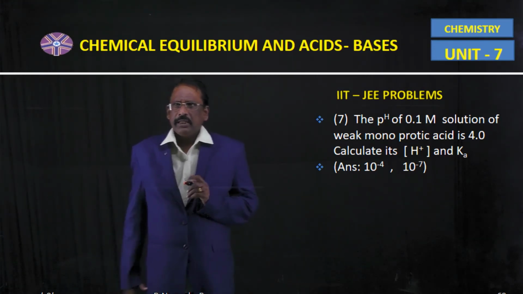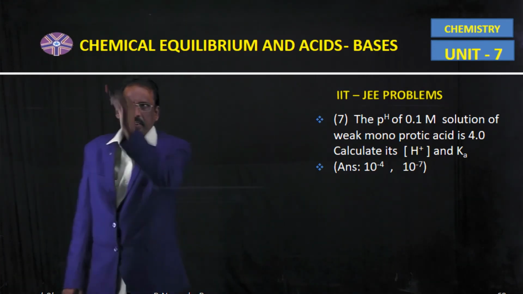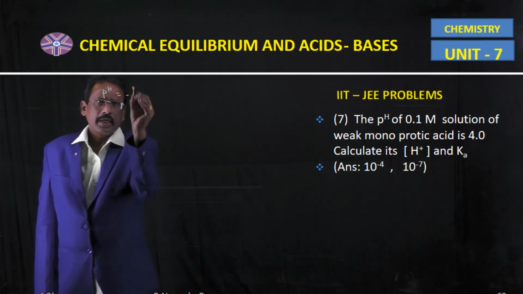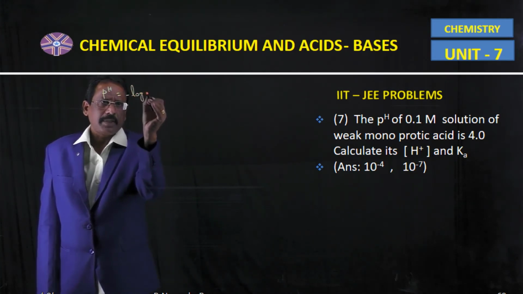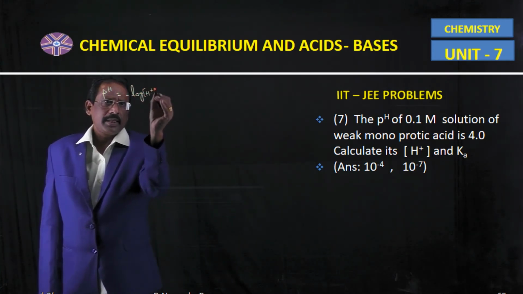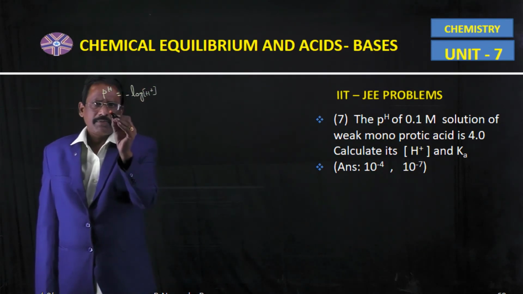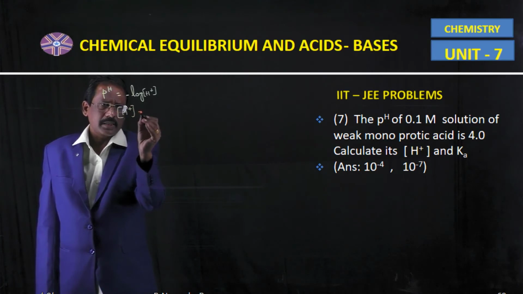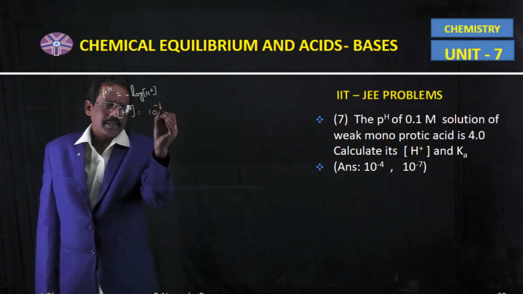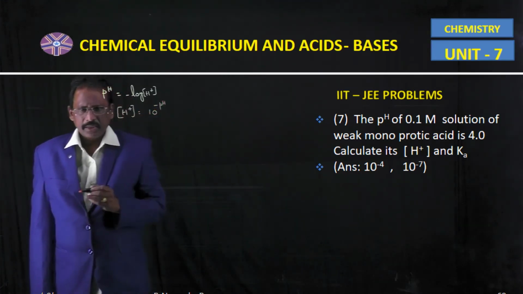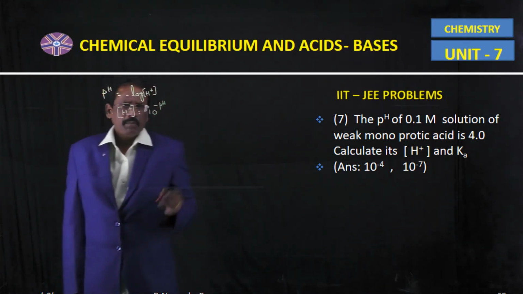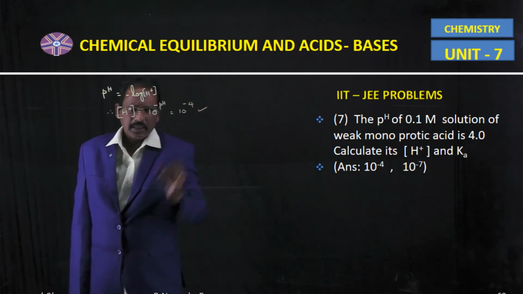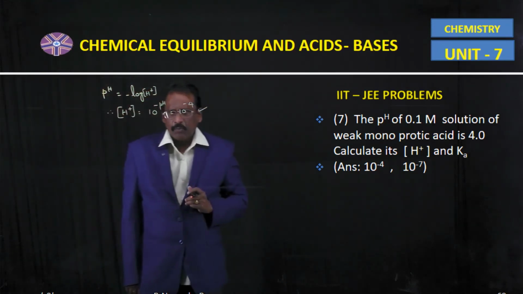According to pH scale, pH is equal to minus log H plus to the base 10. Therefore, H plus ion active mass is equal to 10 power minus pH. So in this problem, pH is 4, that's why H plus ion active mass is 10 power minus 4.